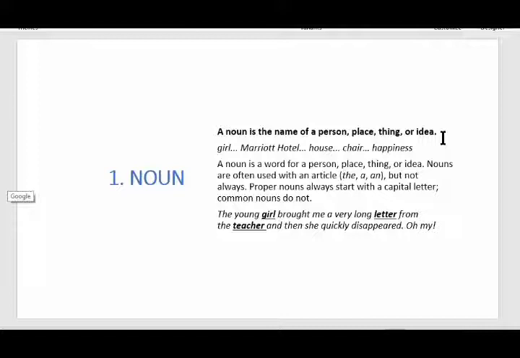Generally, nouns are used with an article. Articles are a, an, the. In this, a and an are called indefinite articles because we use a or an to speak about a noun that is not unique, when we are talking about one out of many.